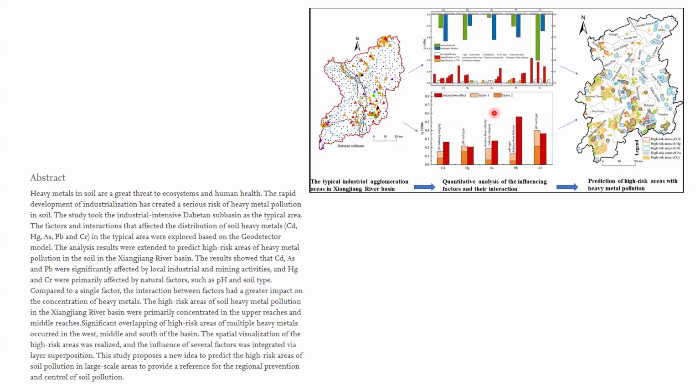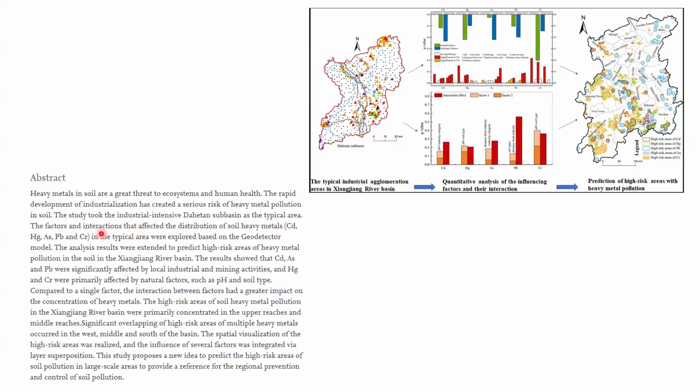But when you have this graphical abstract supported by the text abstract, for example, the third line, the study took the industrial-intensive Dahitan sub-basin as the typical area.